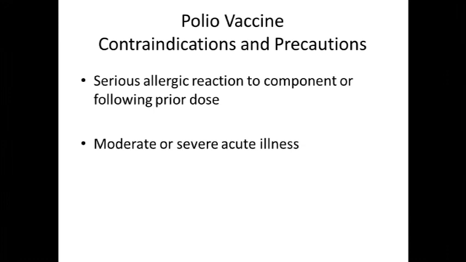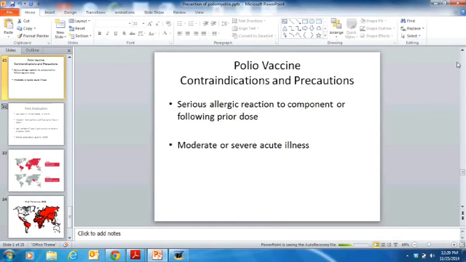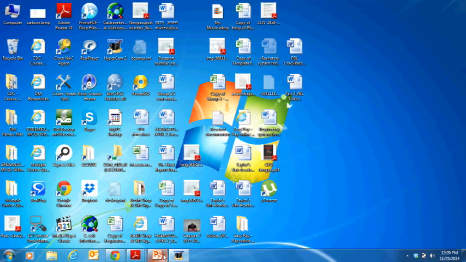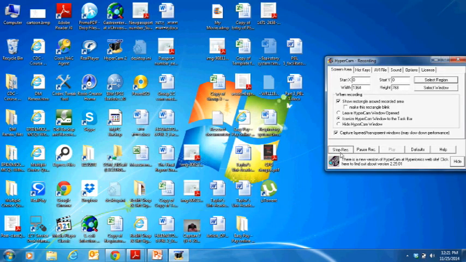Coming to the adverse reactions of polio vaccine, here you are going to see a comparison between IPV and OPV. For IPV, there are rare local reactions, that is at the site of the injection, but to date, no serious reactions to inactivated polio vaccine have been documented. The only rare but worrying adverse reaction of oral polio vaccine is paralytic poliomyelitis, or what we call vaccine-associated paralytic poliomyelitis.